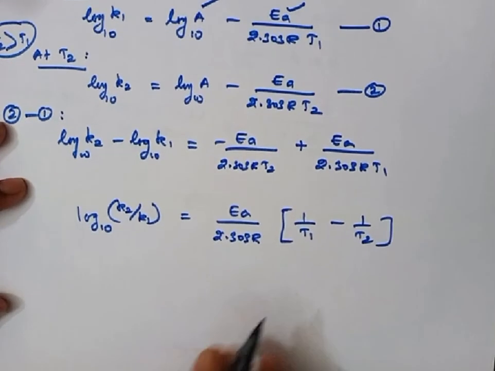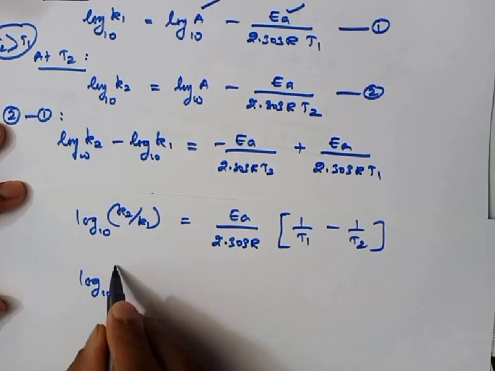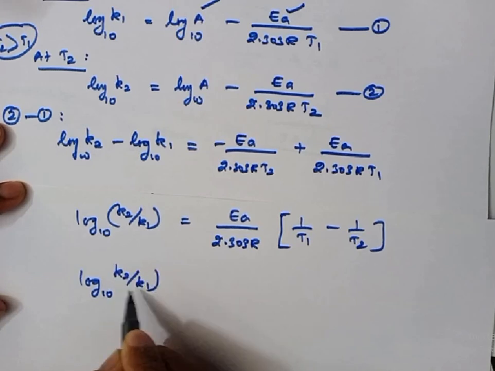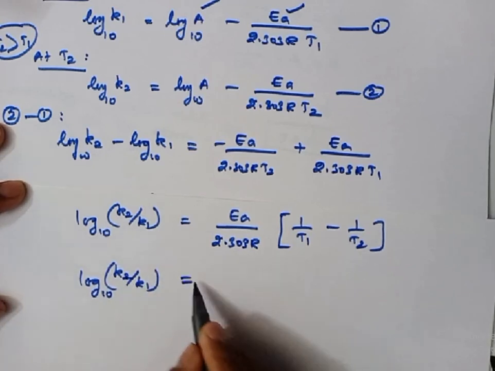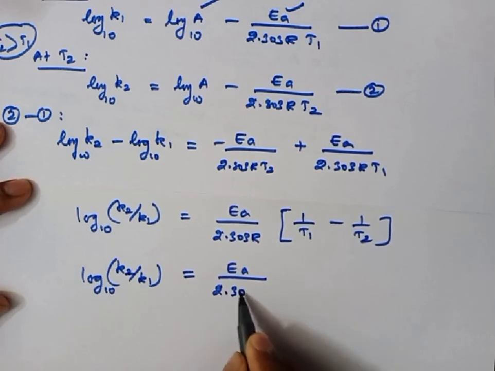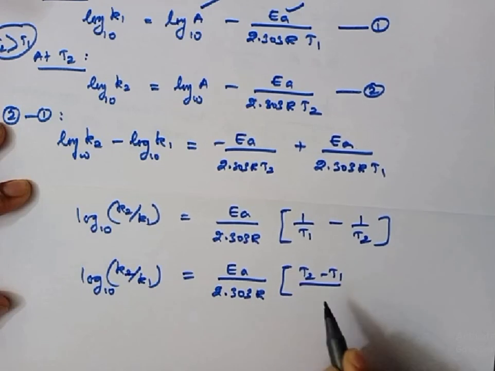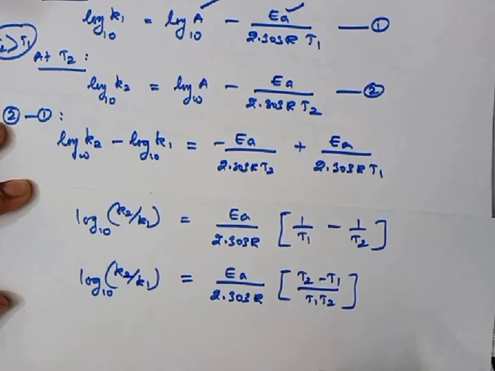Or you can also write this as log K2 by K1 equals EA by 2.303 R into (T2 minus T1) by (T1 into T2).